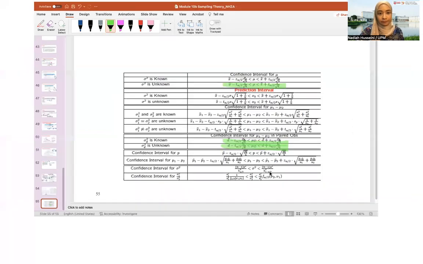Okay, moving on to hypothesis testing. So hypothesis testing, okay, let me share first.